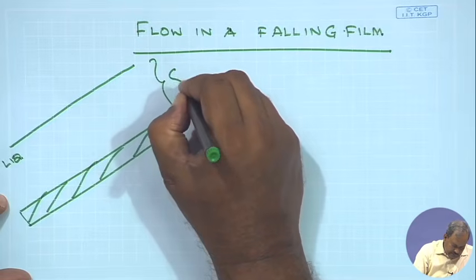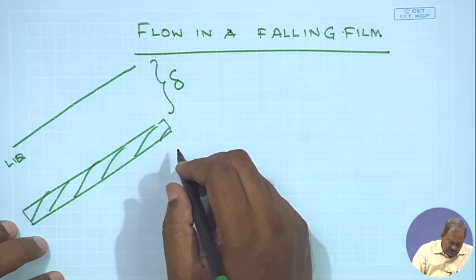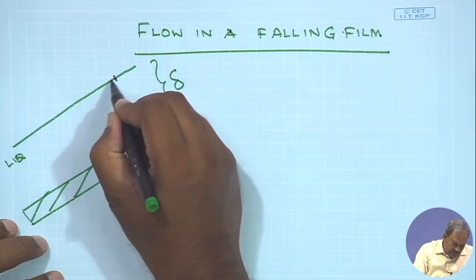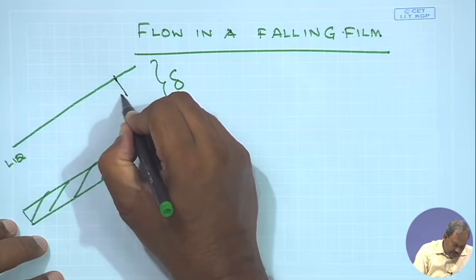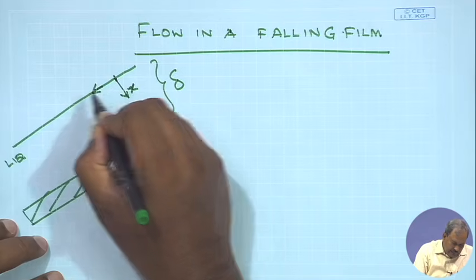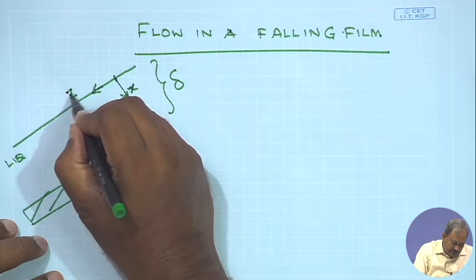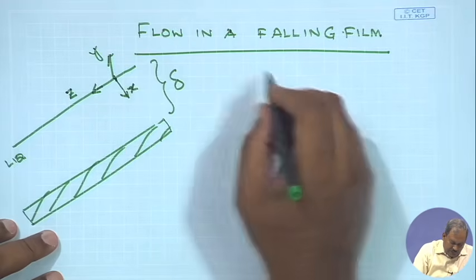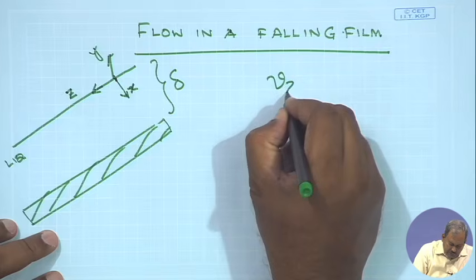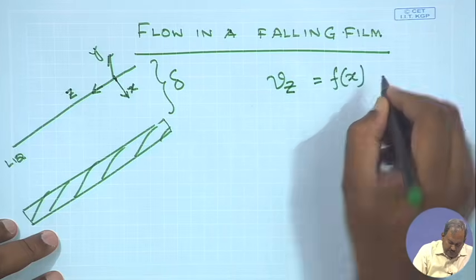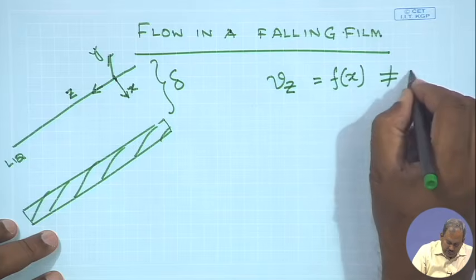This thickness of the liquid is delta, and you can use any coordinate system that you like, but let us say this is my x direction and this is my z direction, and in the y it does not matter because the non-zero component of velocity is Vz, which is a function of x, it is not a function of y.